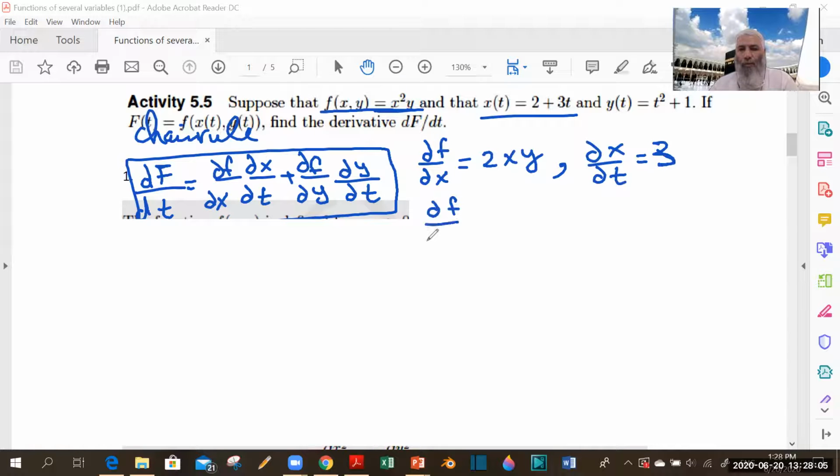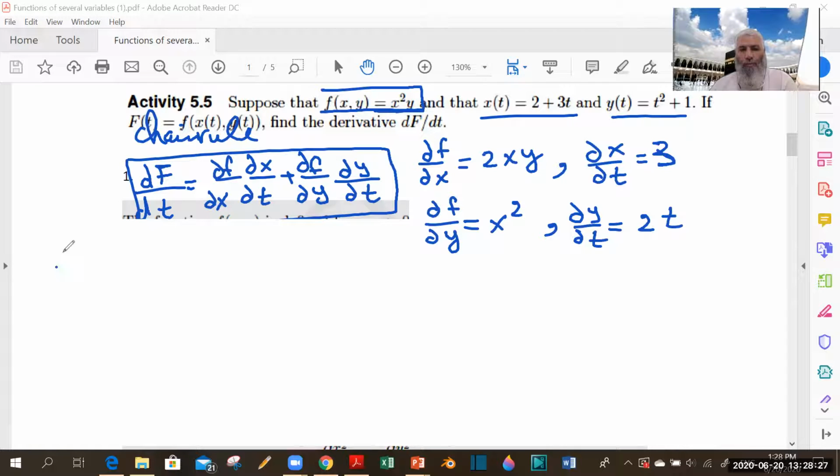And df/dy we'll take from here again, with respect to y. So it would be x squared. And dy/dt, it would be 2t.